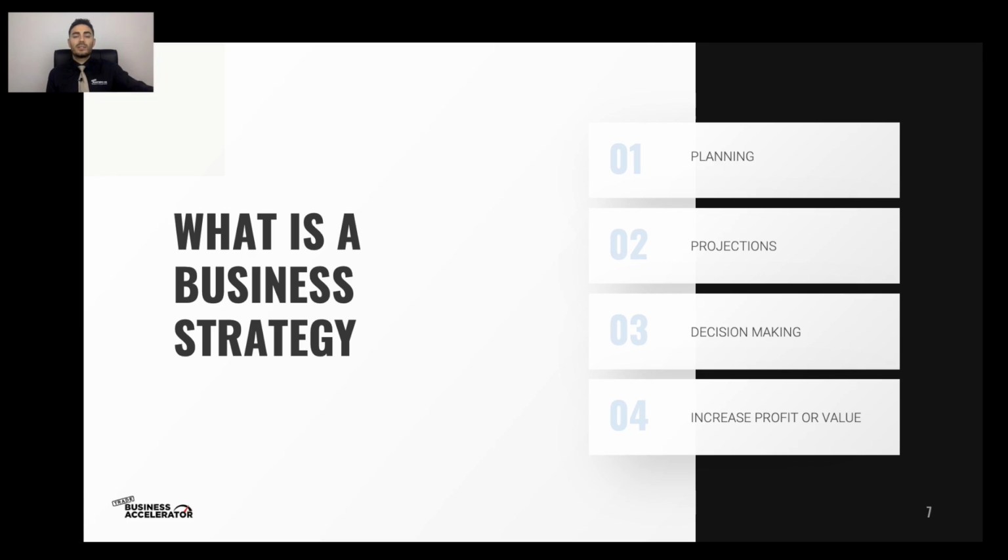So if we're projecting forward and we're aiming towards the end goal, a projection really is taking a set of assumptions or taking a set of metrics and KPIs that we think that we're able to achieve, and it will illustrate what the end goal is essentially, or what the end profits are if we plan all of those metrics out. So that's a key thing when it comes to business strategy.